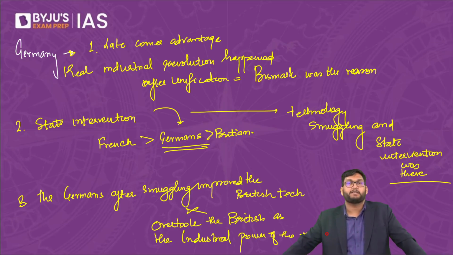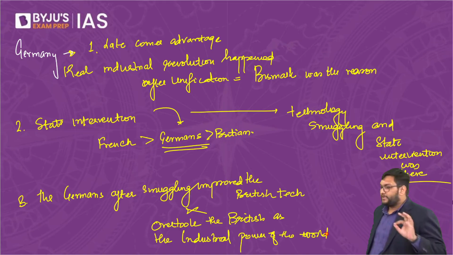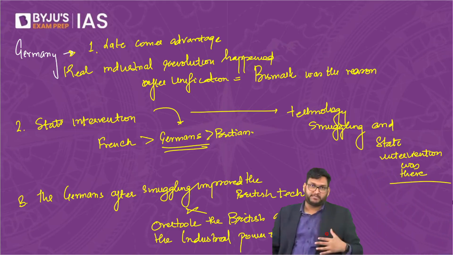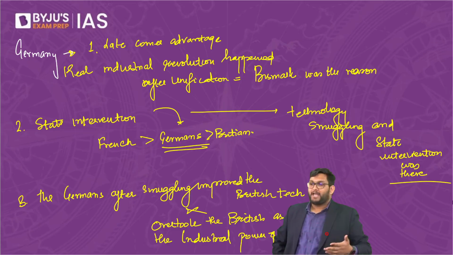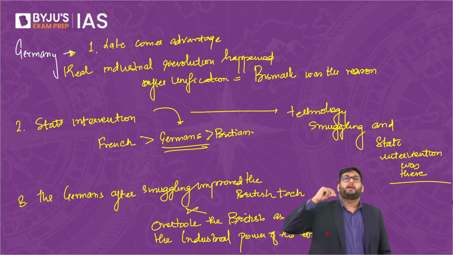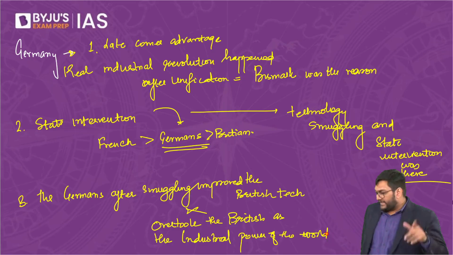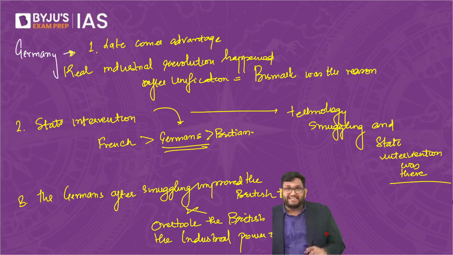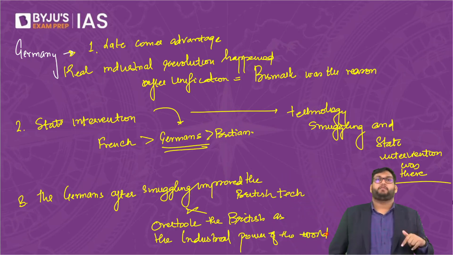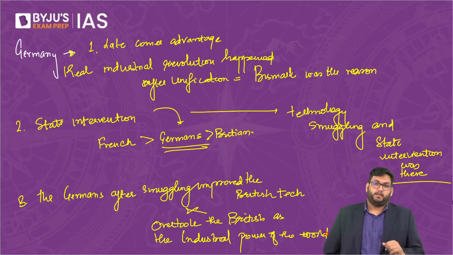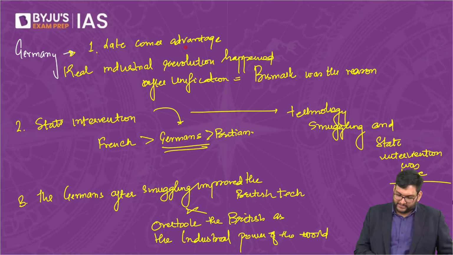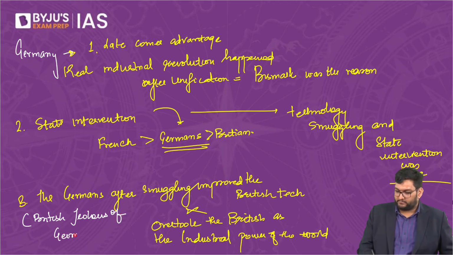Did I say this point when I was discussing unification of Germany? Yes. This is the reason why. Because the Germans are going to take the same technology and improve it, and within 20 years they will overtake the British and become the foremost industrial power. So basically, the British are going to regret or become jealous of the Germans very quickly, and will become jealous of German power and industrial growth.